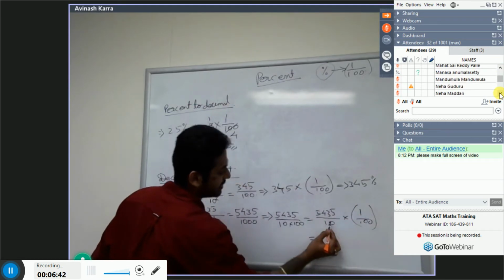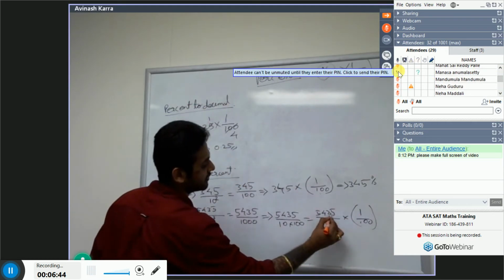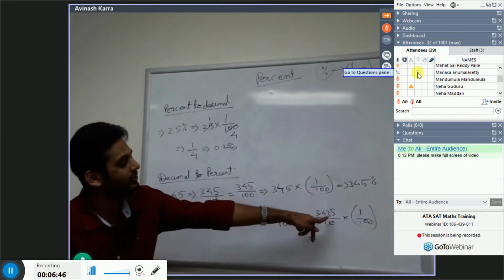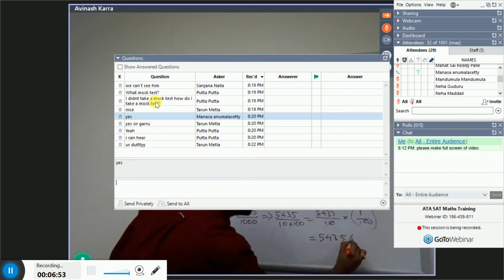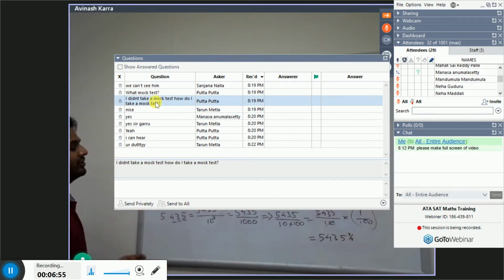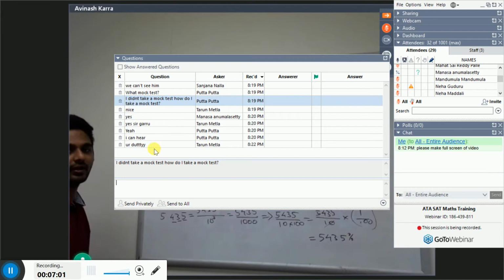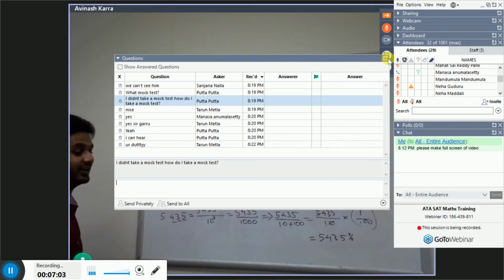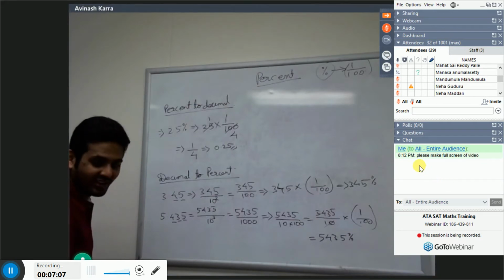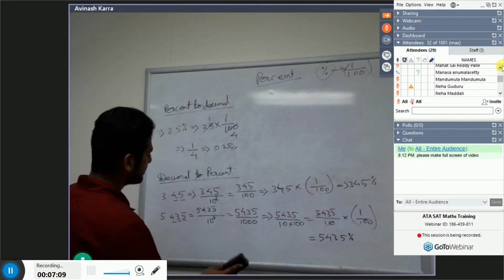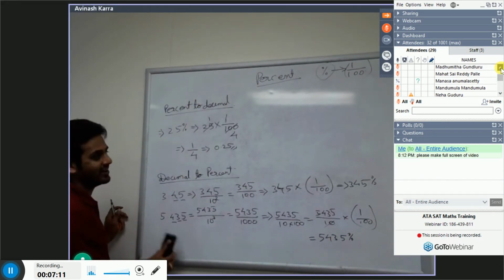So if I remove this 0, I'll get a decimal on the 1, so 543.5%. This is how you convert decimal to percent. I hope you guys understood till here, right? Yes? Okay. I take it as granted.